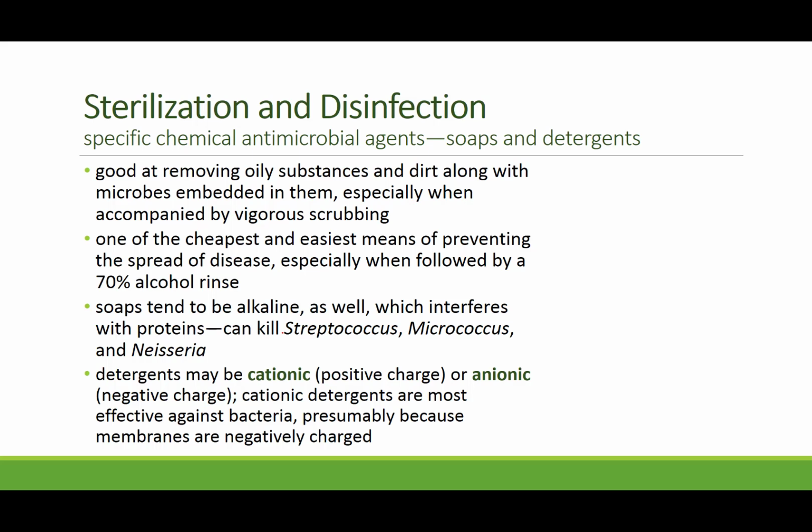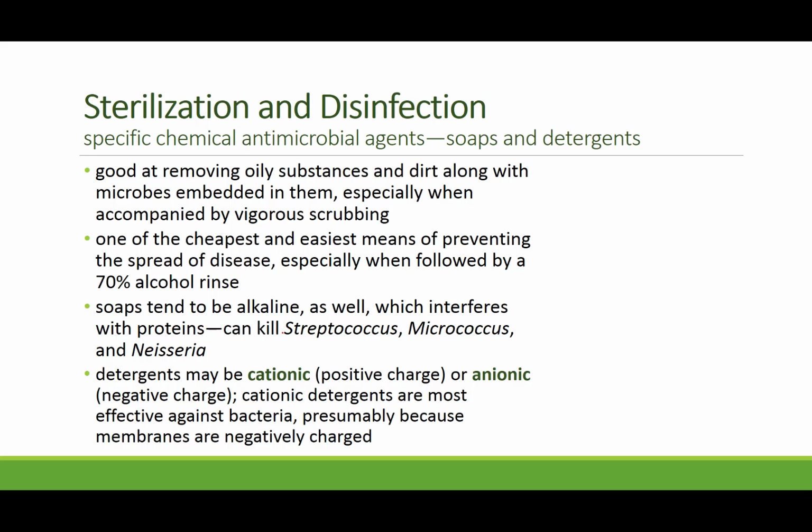And it turns out that the ones with a positive charge, the cationic detergents, are most effective against bacteria. And we presume that's because the membranes of bacteria and other organisms have a negative charge. So cationic, positively charged surfactants are the most capable of disrupting membranes.